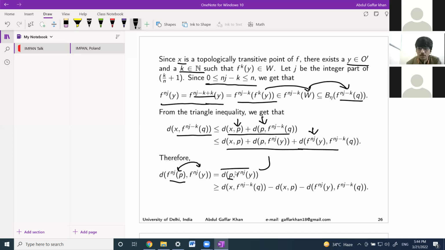Now using this equation, that is equation 1, taking every element on the left-hand side, we will get that the distance between P and f^{nj}(y) is greater than or equal to the distance between x and ..., minus the distance between x and P, and minus this.